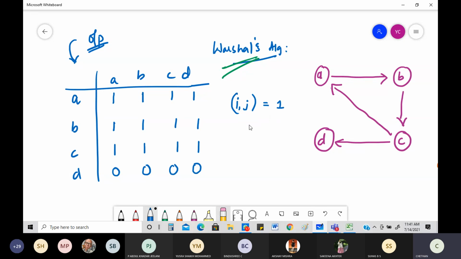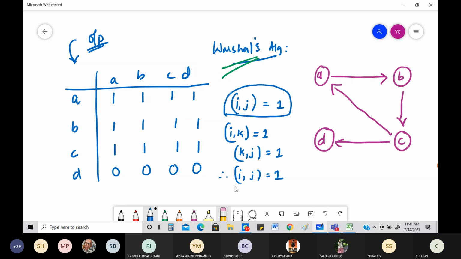Or if there is a path between I and K equal to 1, and K comma J equal to 1, then you say I comma J is equal to 1. See the difference. Either you have a direct path like this, or you have an indirect path through this. Both will be equal to 1.